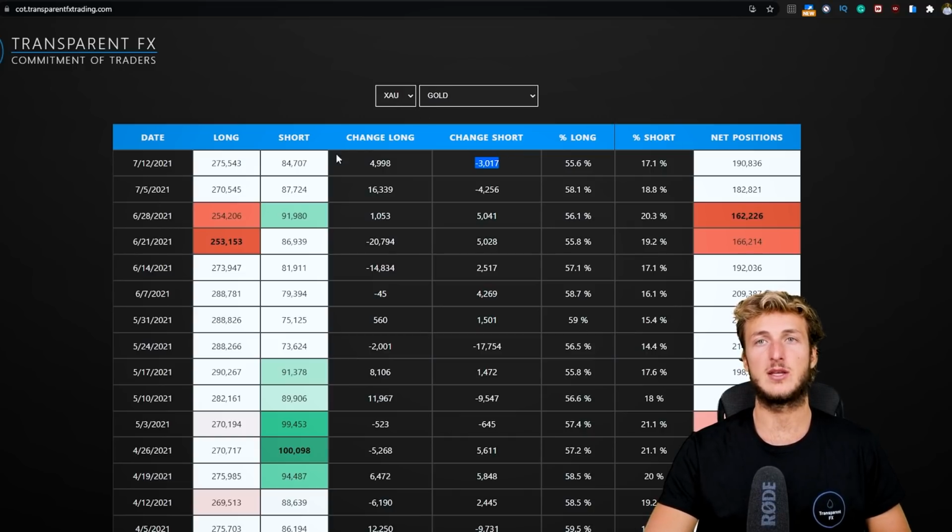So gold has been getting quite bullish, with longs getting increased from 250k to 275k. So gold is definitely getting quite bullish also from an institutional perspective, with longs getting added with the last two reports and shorts getting closed with the last two reports.